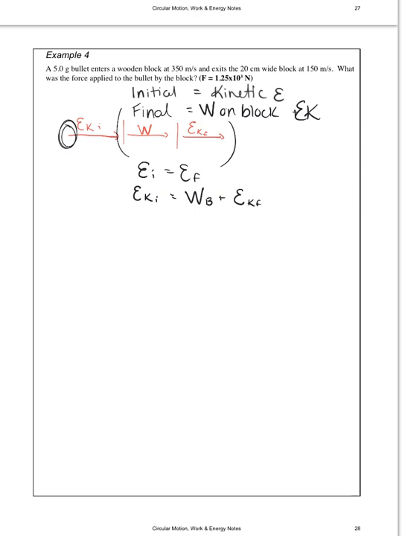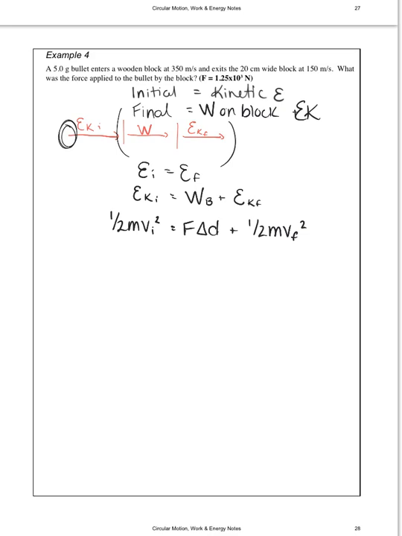All right, kinetic energy is 1/2 mvi squared, because we're going to have two different velocities, which is equal to the force done on the block plus 1/2 mvf squared. Masses cannot cancel because mass does not appear in every term.